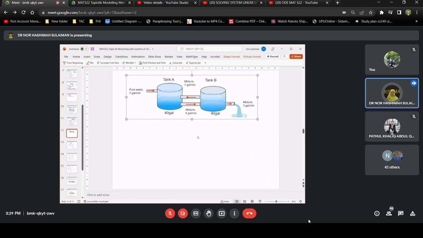Sekarang ni kita define katalah x of t be amount of salt in tank A. y(t) be amount of salt in tank B.